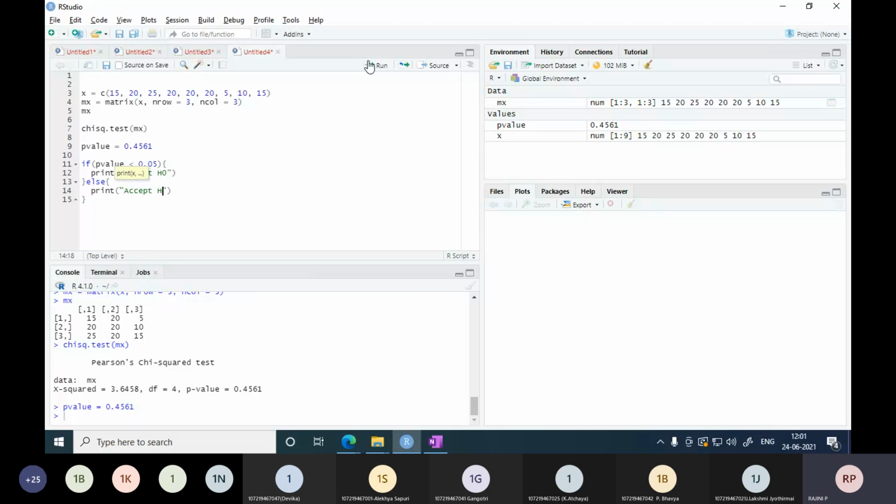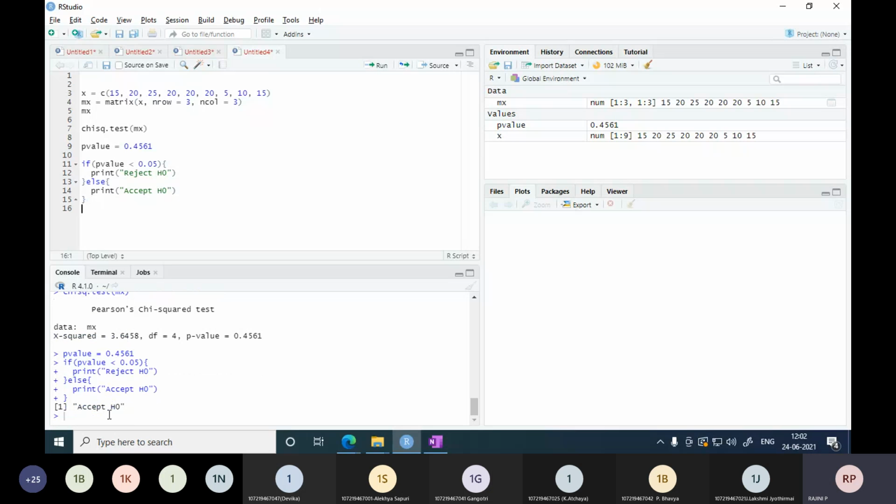Okay, this is a condition I was already explaining from yesterday. For each test we write this if-else condition. Then run this. So we accept H naught. Is it clear? Yes, ma'am. Any doubt anywhere?